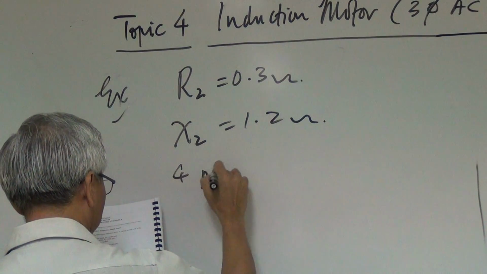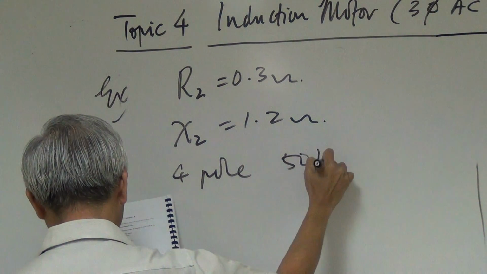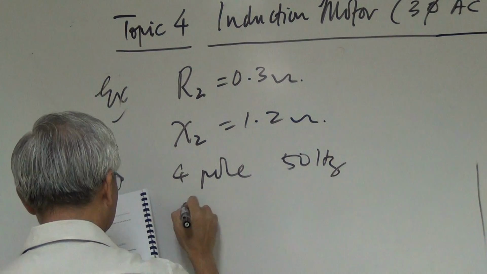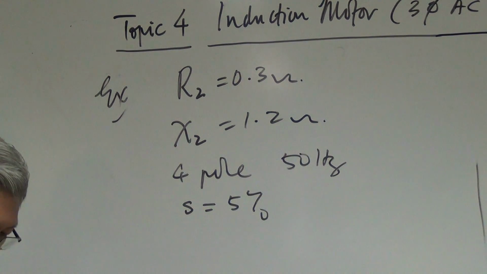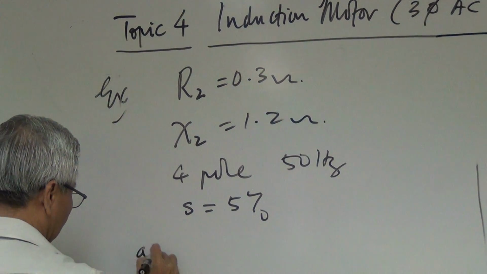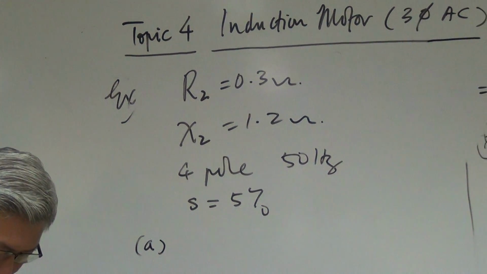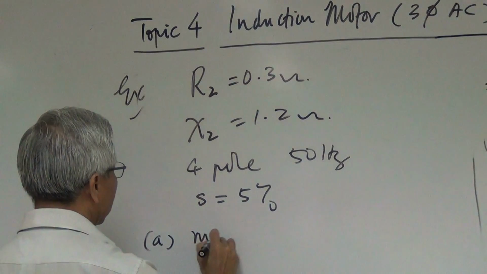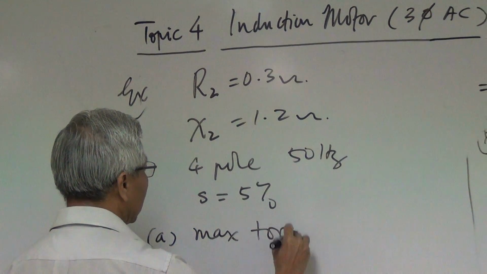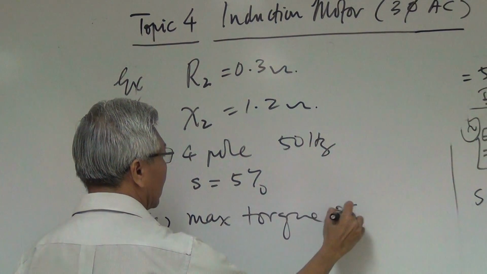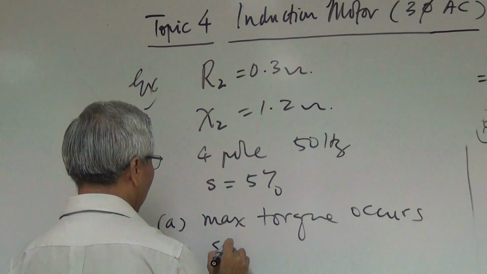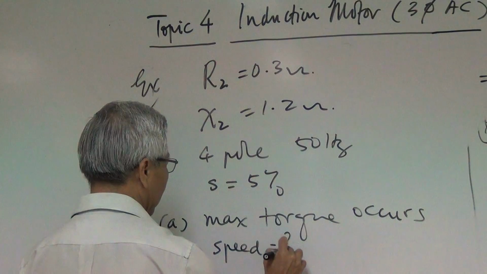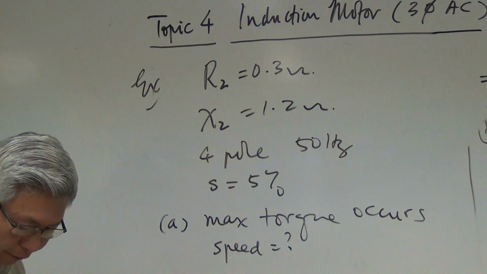It's a 4-pole machine at 50 Hz, 3-phase, and the slip is equal to 5%. A. Find the slip and speed at which maximum torque occurs.